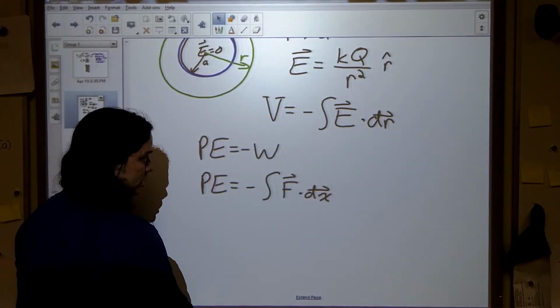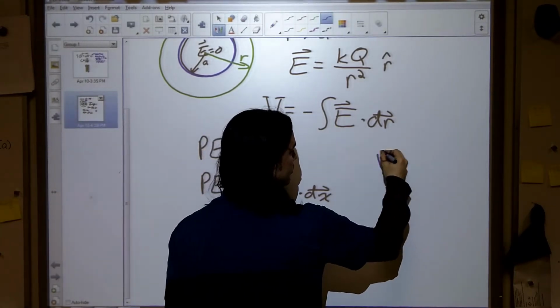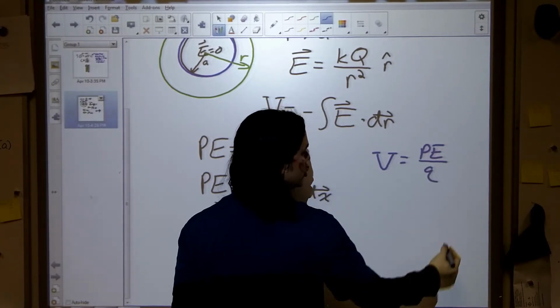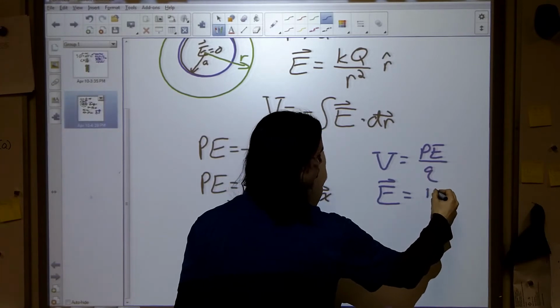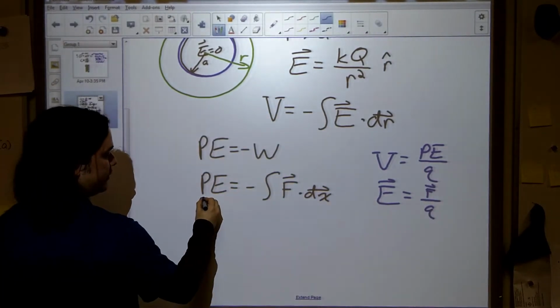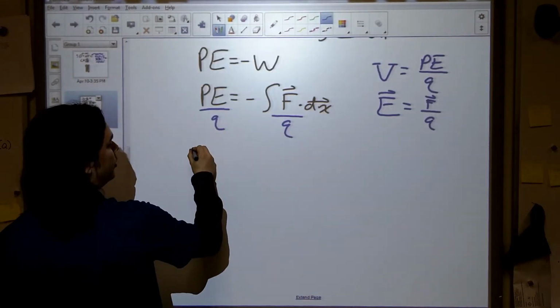My potential energy, we talked about this in class. Remember that the potential is equal to the potential energy divided by the charge, and that the electric field is equal to the force divided by the charge. So with this equation, if I divide both sides by charge, I end up with the following.